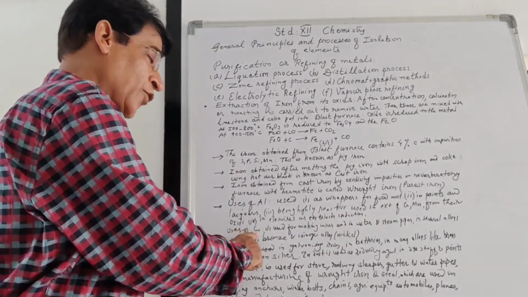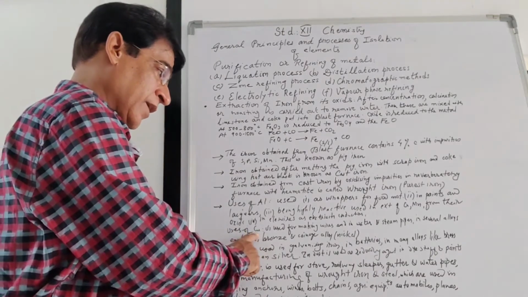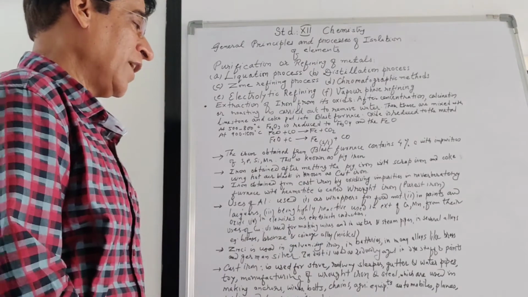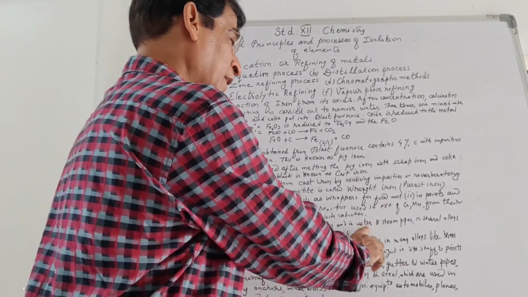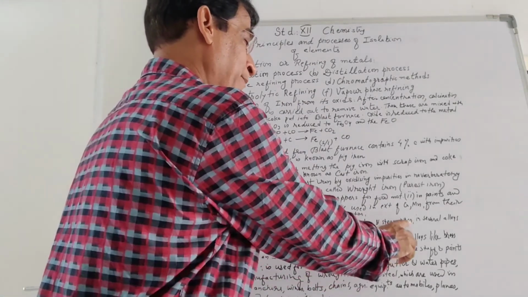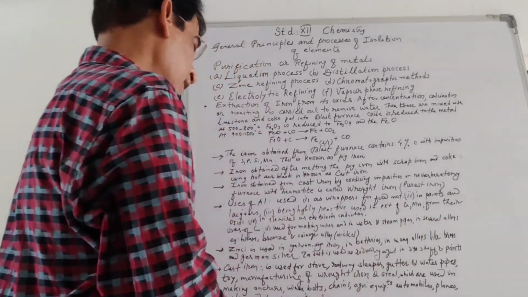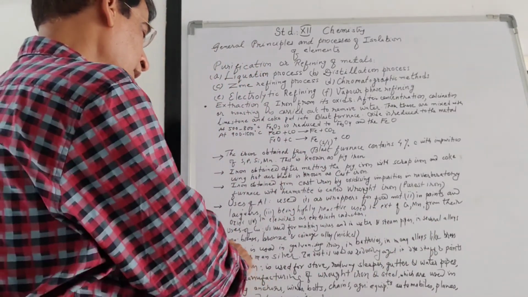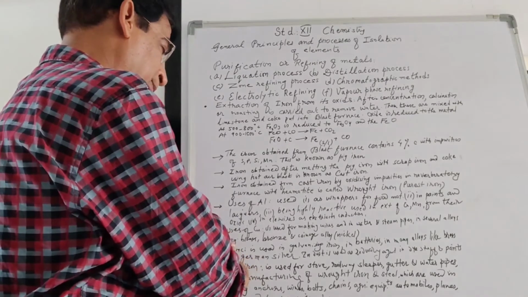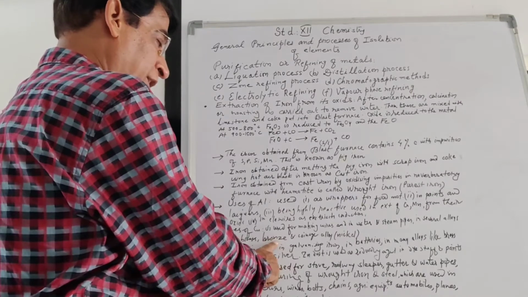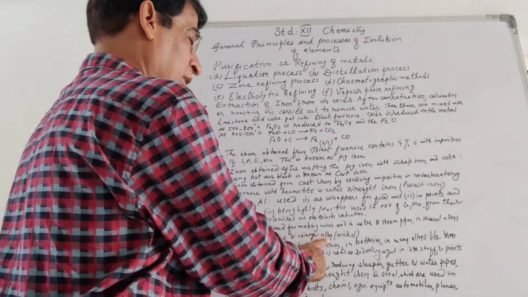Now, uses of copper. Copper is used for making wires and in water and steam pipes. In several alloys, as for example, brass, bronze, and coinage alloy.